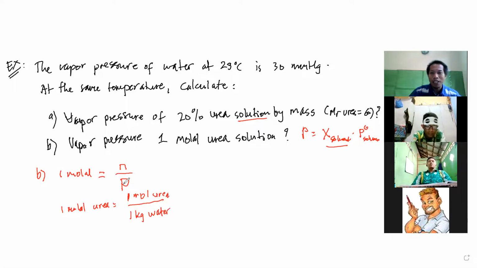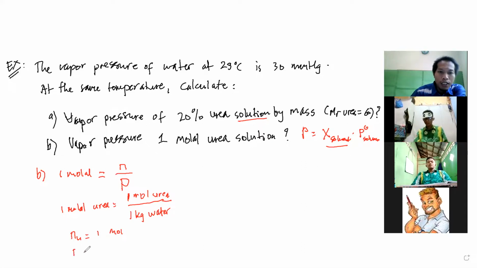Because P in kilogram is P of solvent in molar, remember. So I get this one, 1 mole urea and 1 kilogram of water. So from here I can get mole of urea is equal to 1 mole, because it is 1 mole of urea.